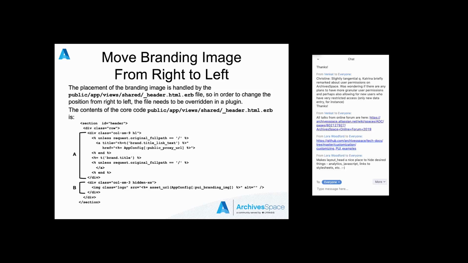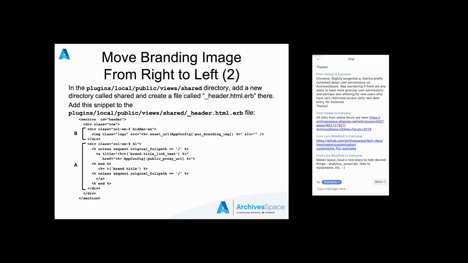But first what I did was I looked at the contents of this file, and you'll note there are 2 divs that I have marked off. A actually is the branding title, and B is where the branding image gets set. So in order to switch the order in which those get displayed in the header, what I needed to do was to flip those 2 divs.